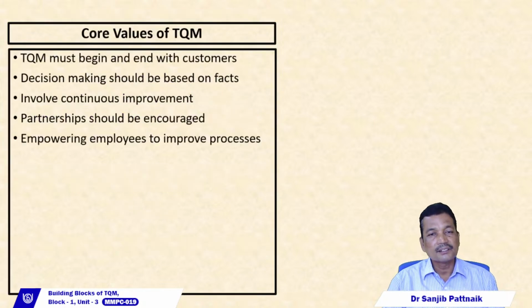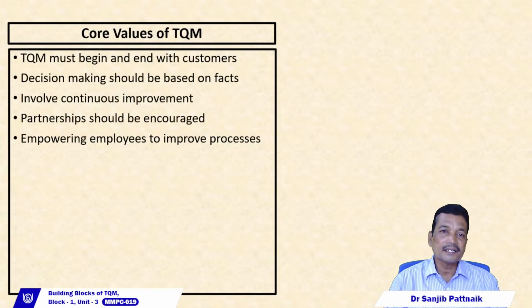We begin with the core values of TQM. That means the TQM, why it is there, what for it has been developed, or why it has been successful. Now we look at the core values of TQM.